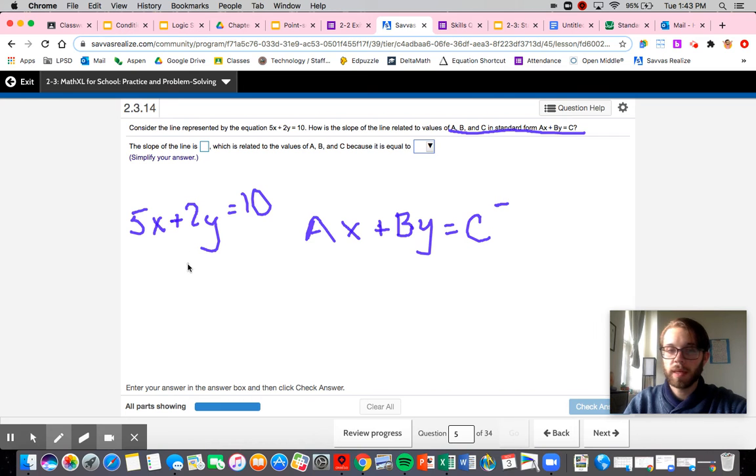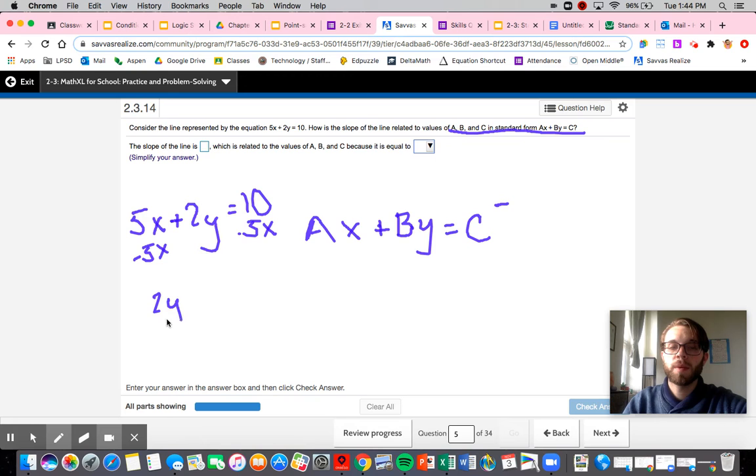So if we look at something like this, we can do a couple different things. Since we're trying to find slope, we can either find a couple points on here, or alternatively, we can convert it to slope-intercept form, right? So I'm going to do that. I'm going to subtract the 5x.